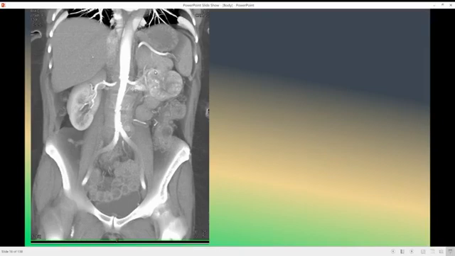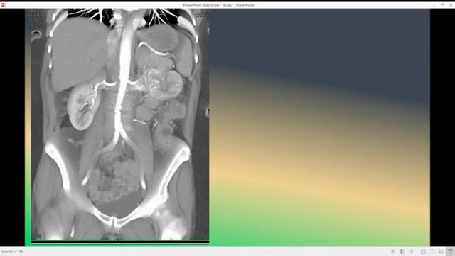So this patient has renal cell carcinoma with renal vein involvement. Incidentally, the patient also has right renal artery stenosis with some atherosclerotic changes.